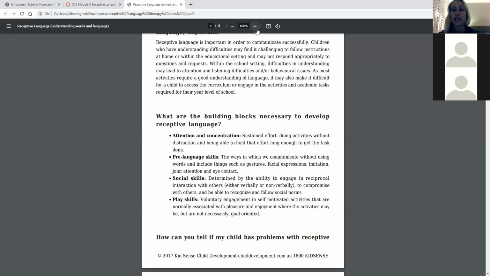Social skills, definitely that reciprocal. Can they look at you? Can they maybe wave? If somebody says their name, do they look at that person? So definitely some of those verbal or nonverbal beginning language skills, and then play skills. Play skills is super critical.